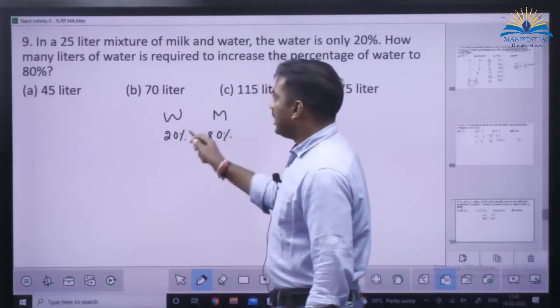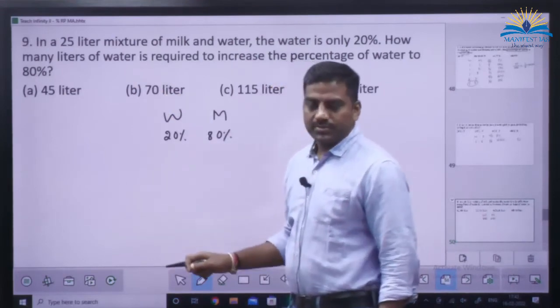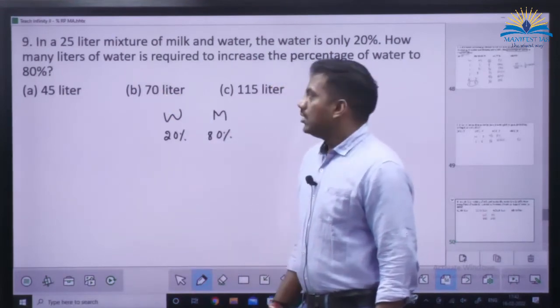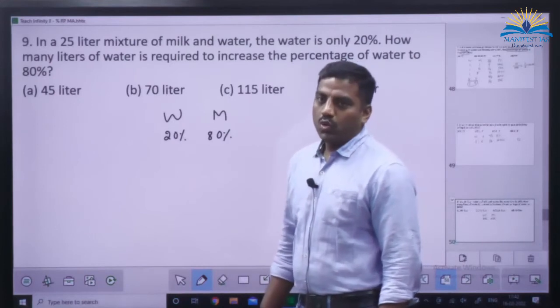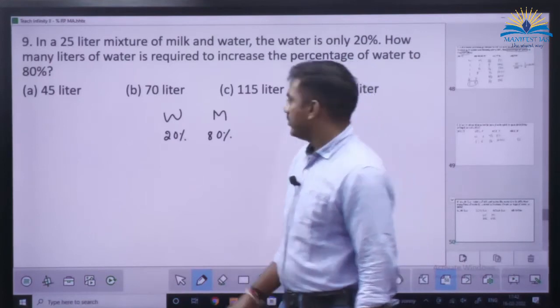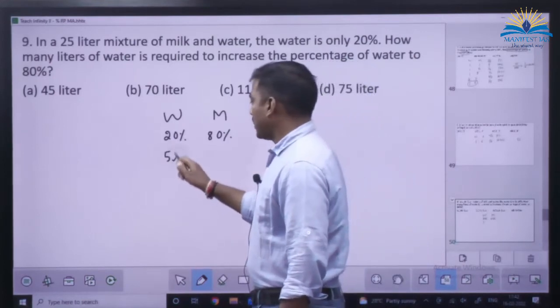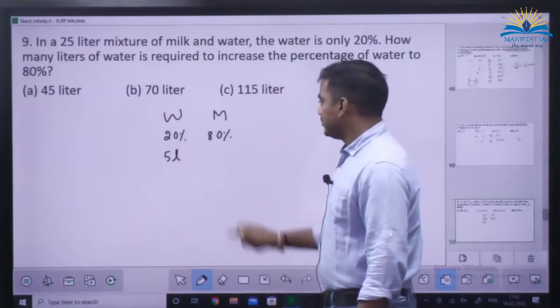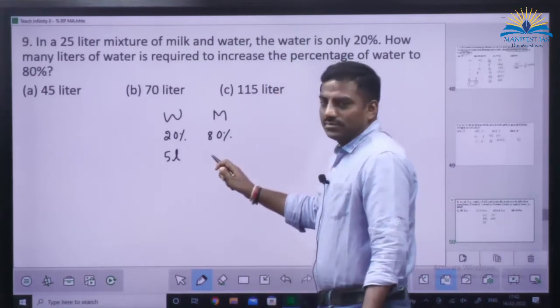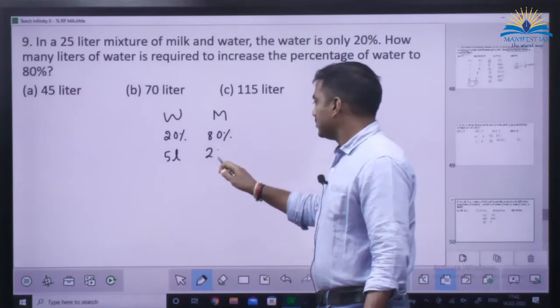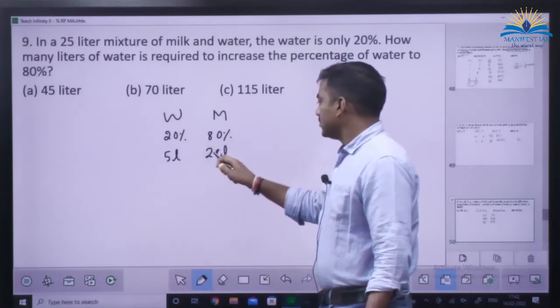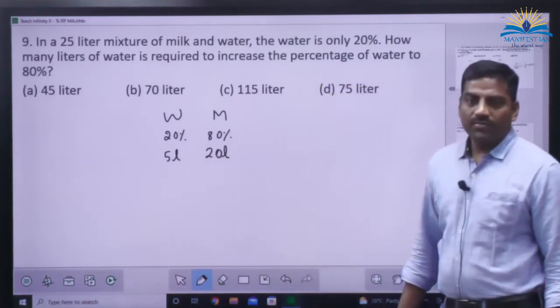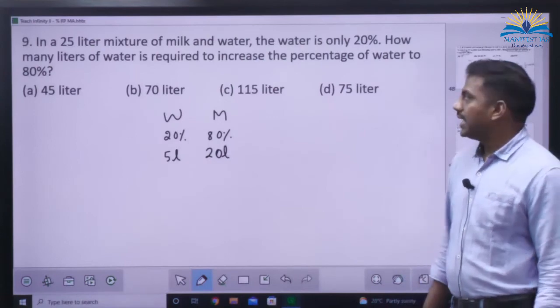Milk. 20% of 25 liters, how much? 20% of 25 is 5 liters of water, and 20 liters of milk. Correct?